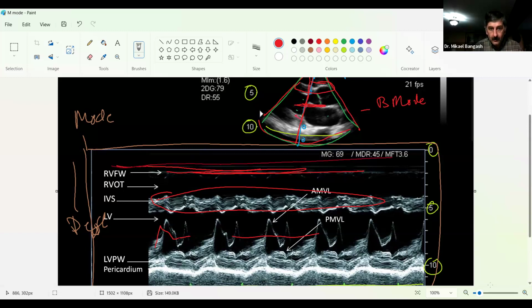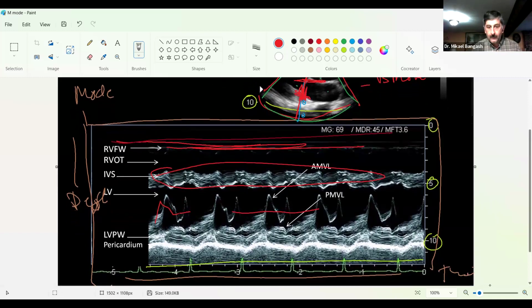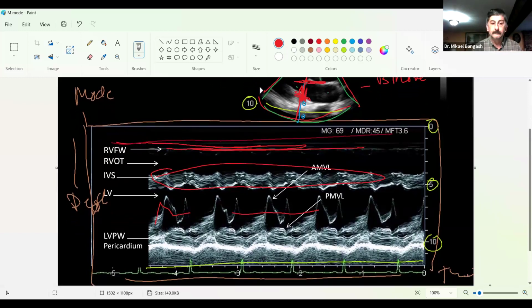Oh, sorry, of this. Up and back, up and back, up and back, and so on. You can even say here, this is a bright reflection, and it is even labeled here as pericardium.